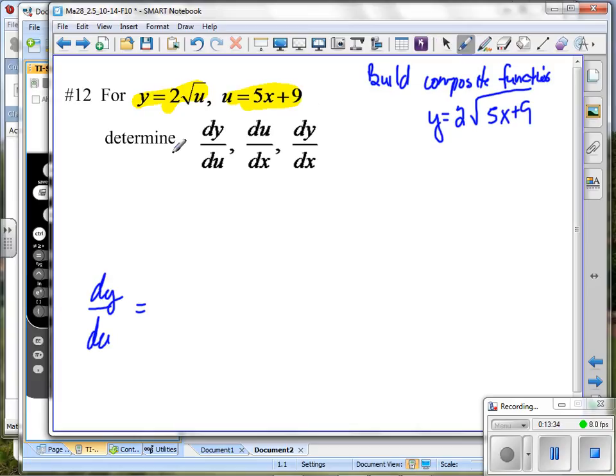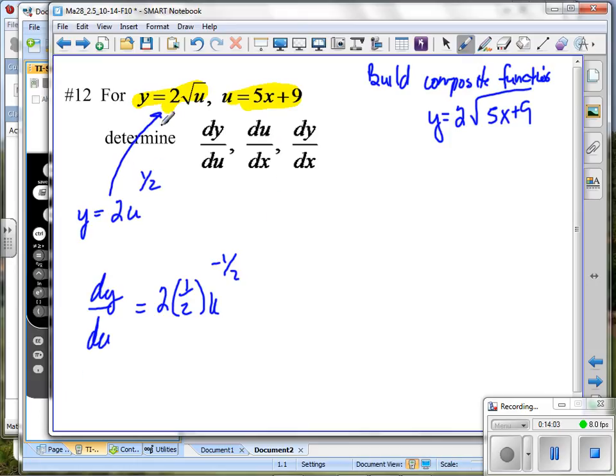Maybe doing something like y equals 2 times u to the 1/2 power. Because now if I want dy du, I would have 2 times, what's the derivative here? 1/2 u to the negative 1/2. Okay?